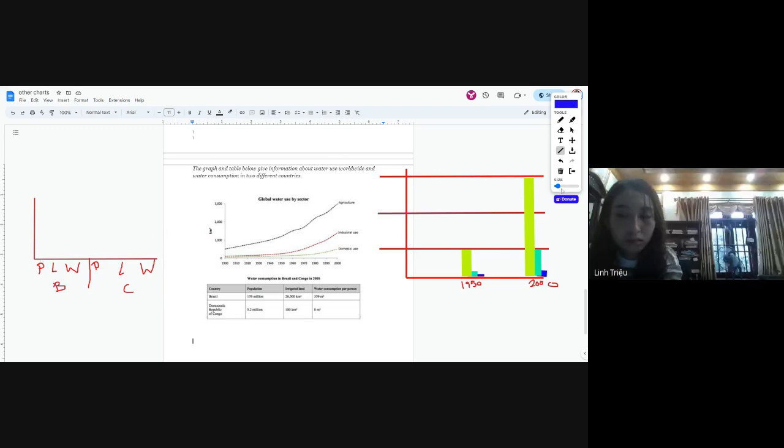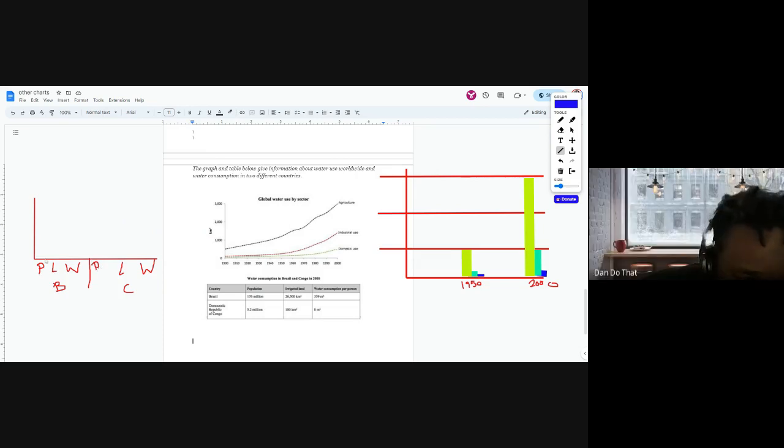We'll call population blue, and it goes up to 176 million for Brazil and 5 million for Congo, which is nothing. All right, and we need irrigated land. That's 26,000 for Brazil.